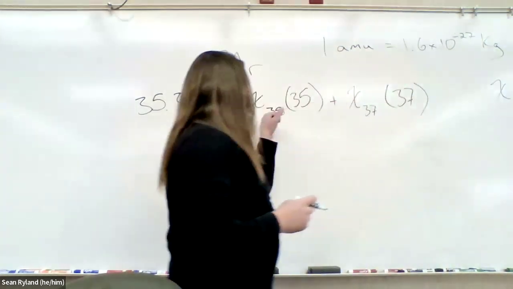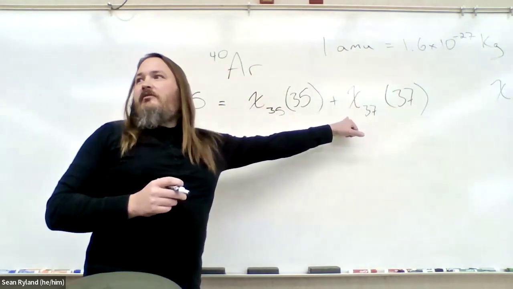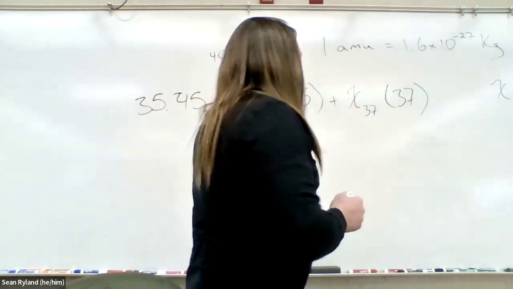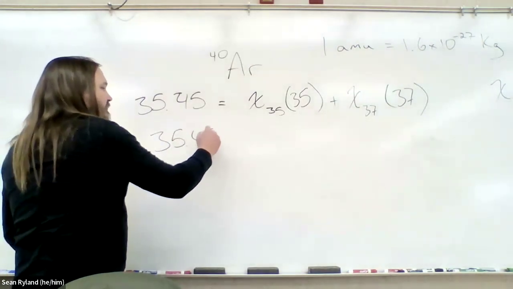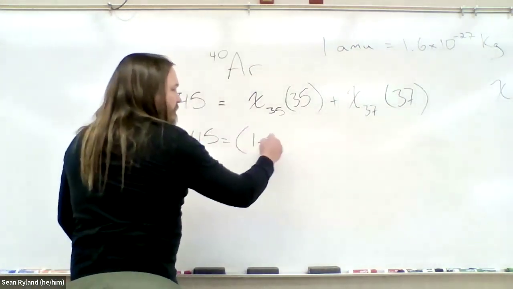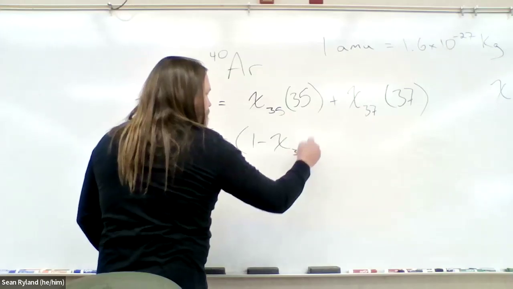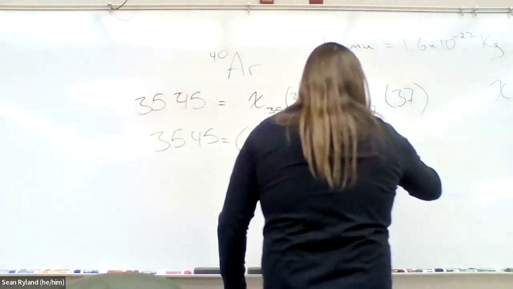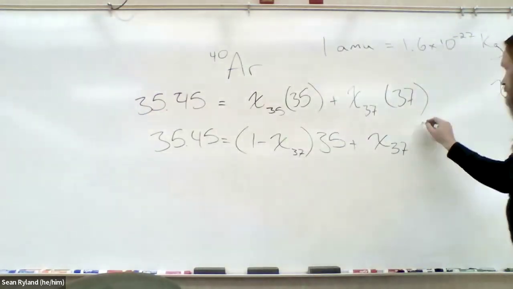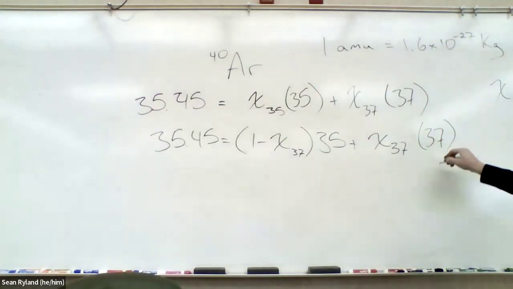If we're talking about fractions, they have to add up to 1. So then that means we can say 35.45 equals 1 minus chi-37 times 35 plus chi-37 times 37.